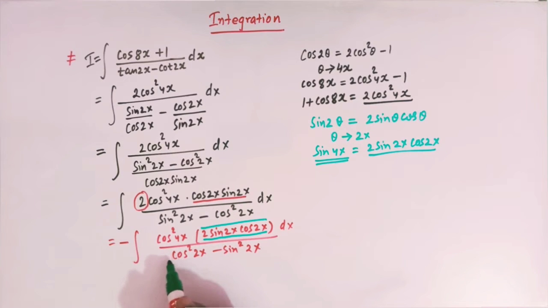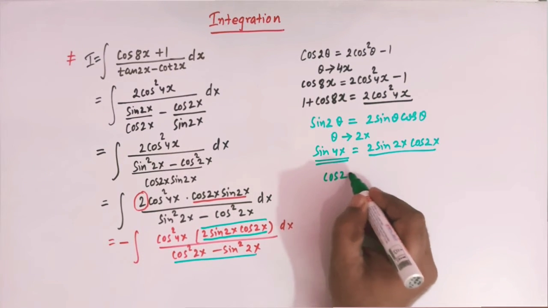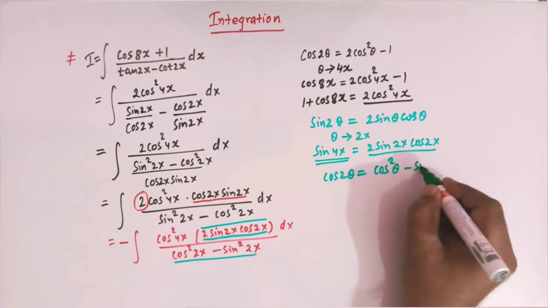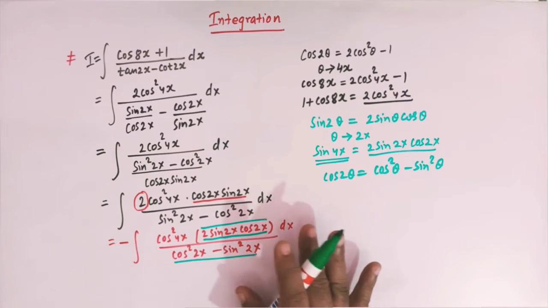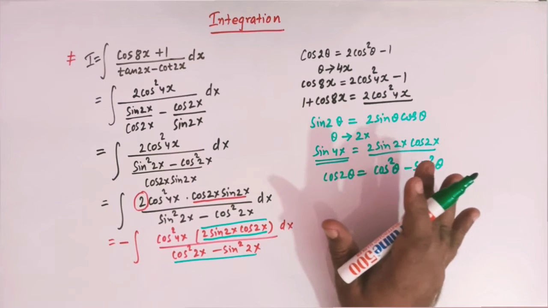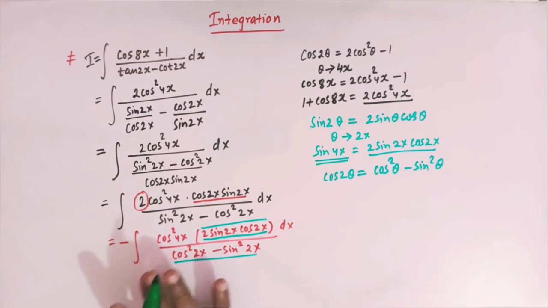In the denominator we have cos²2x − sin²2x. We again know that cos 2θ is equal to cos²θ − sin²θ. This problem involves a lot of trigonometry, so we should know all these trigonometric identities to simplify this integral.